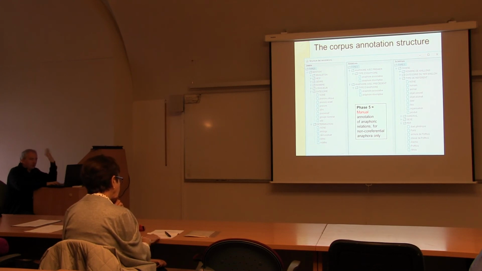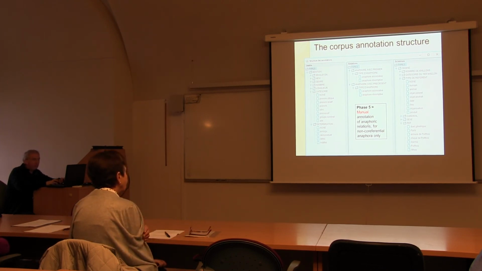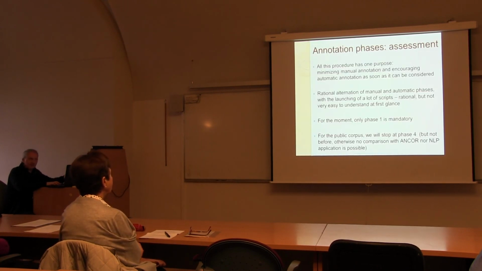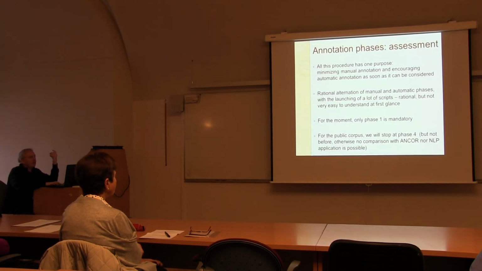There is also a phase 5 in our plans for the manual annotation of bridging anaphora, and phase 6 and phase 7, etc. So, it's too hard to show that in detail, but the message is the following one.